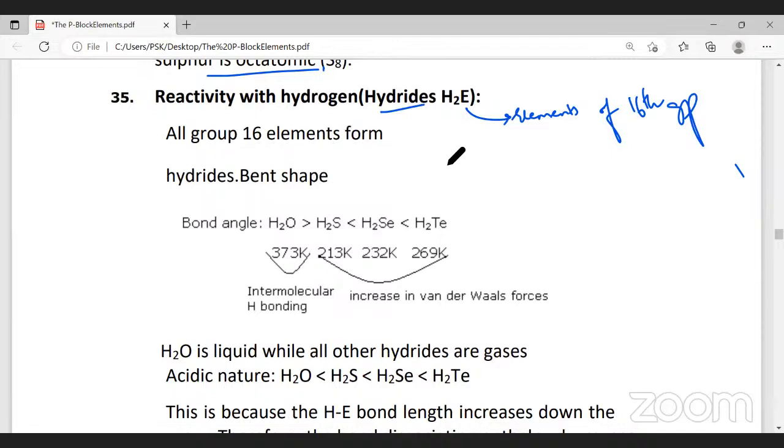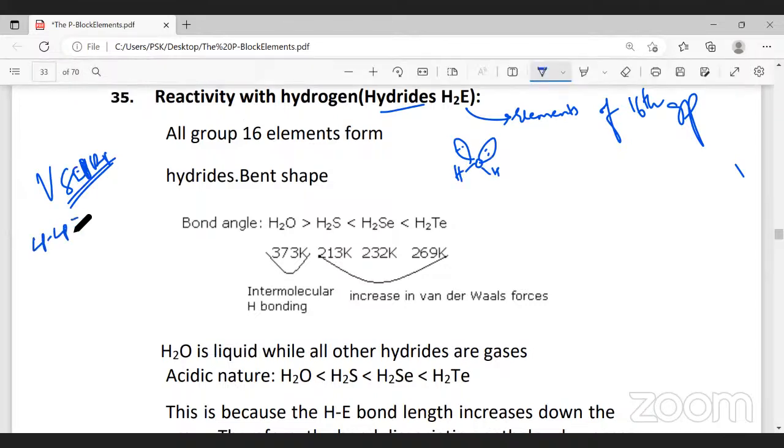Now, in case of water, we've learned the structure of water. It has a bent shape. Water has two lone pairs of electrons. And also we have learned VSEPR theory. Because of VSEPR theory, lone pair-lone pair repulsion will be greater than lone pair-bond pair repulsion, which is greater than bond pair-bond pair repulsion.